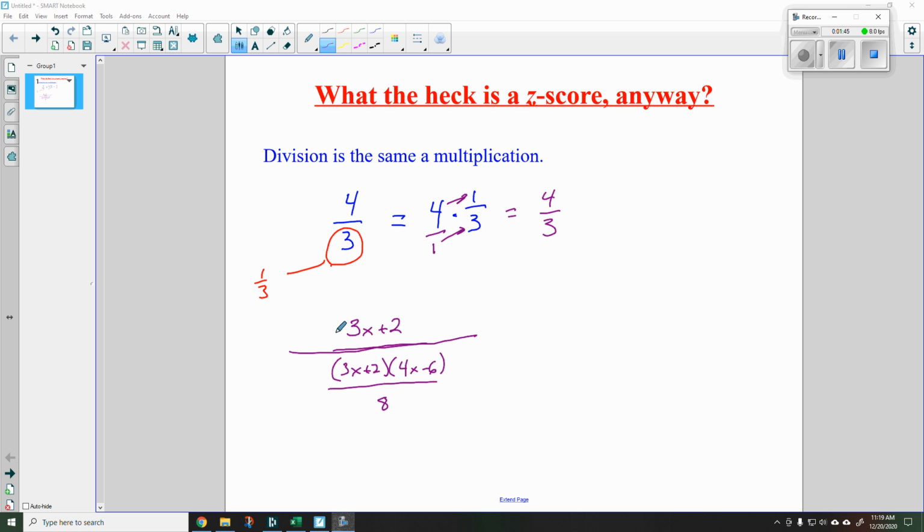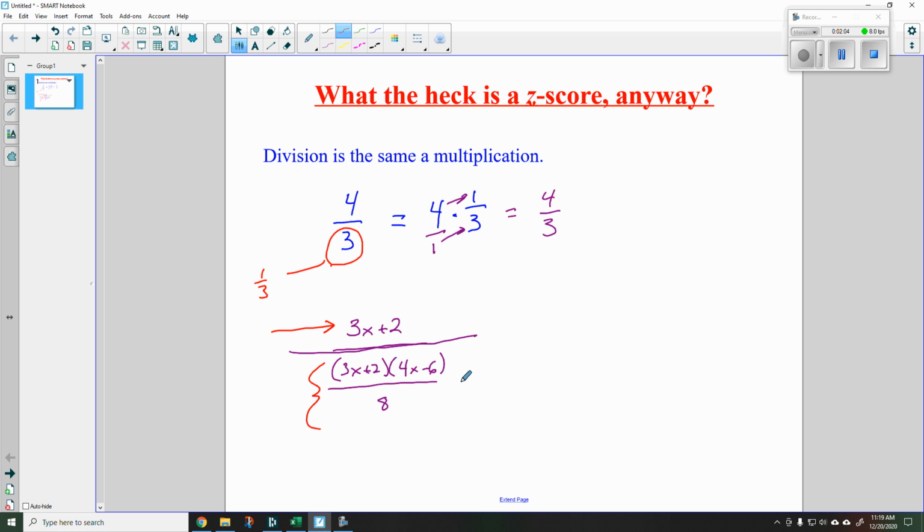Let's take a little bit more complicated example. Let's say I had a 3-layer fraction here, and my numerator is 3x plus 2, and my denominator is this fraction right here, a rational function, (4x minus 6)/8.